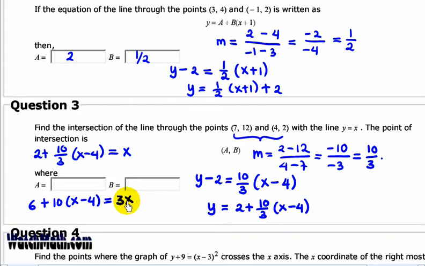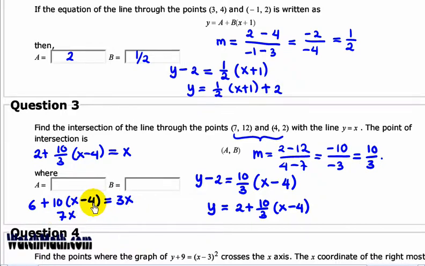Okay, and this can be simplified further. Here we have 10x, and on the right hand side we have 3x. If we subtract 3x from both sides, we get 7x on the left hand side and 0 on the right hand side.